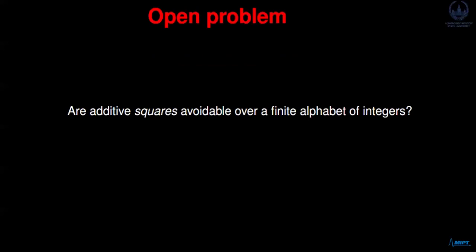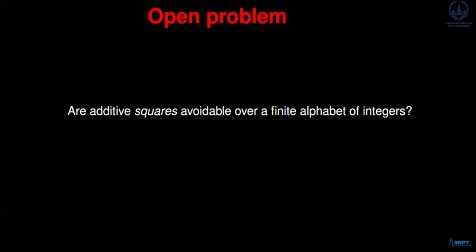And to conclude, we arrive at an open problem in this domain. Are additive squares avoidable over a finite alphabet of integers? We have seen numerous results about avoiding additive cubes and higher powers.